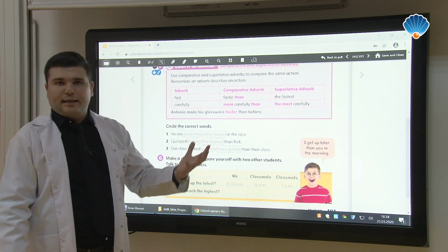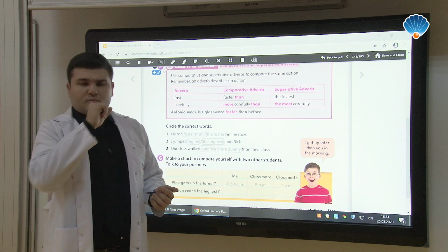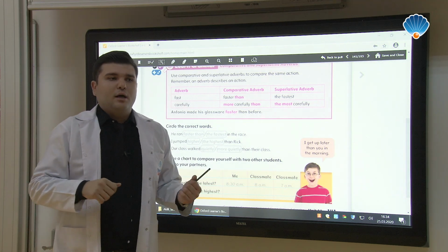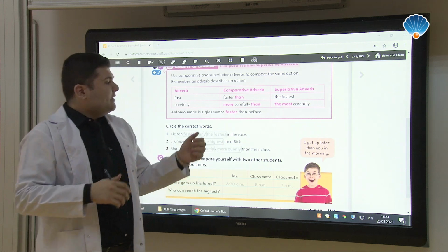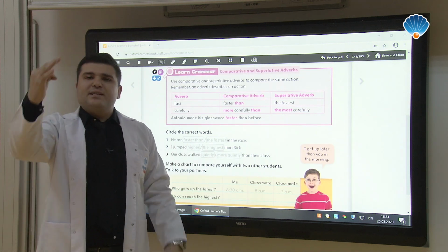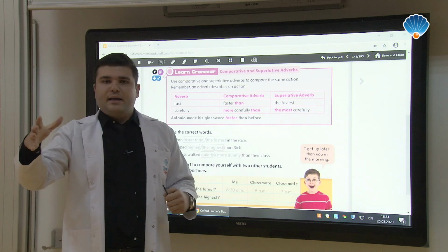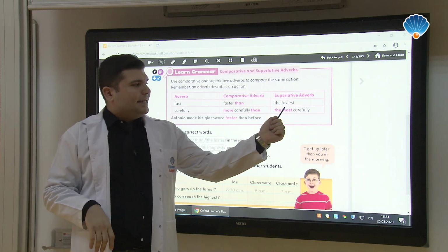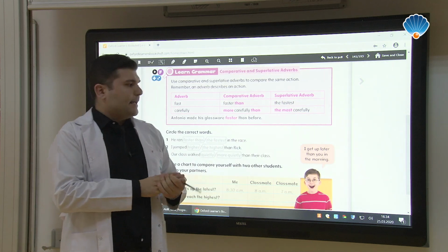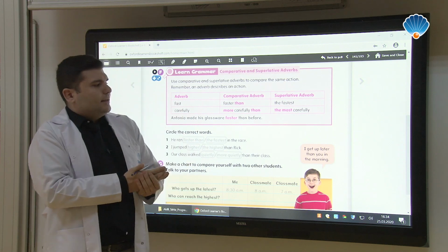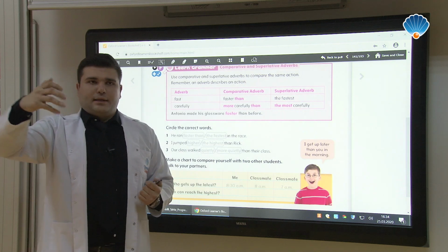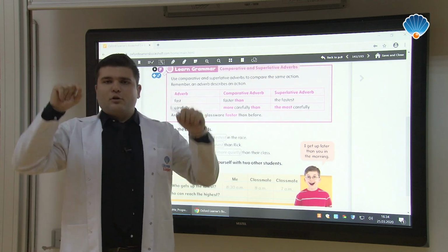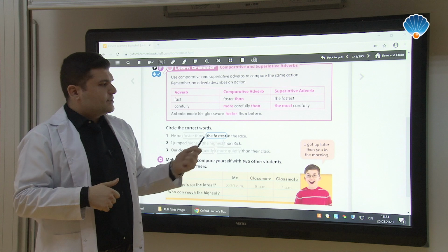And we have carefully. If it's a word of more than 3 syllables, you have to use more instead of ER and EST. What can be an example? It's like this, carefully. It's kind of a long word, and you can spell this word carefully.